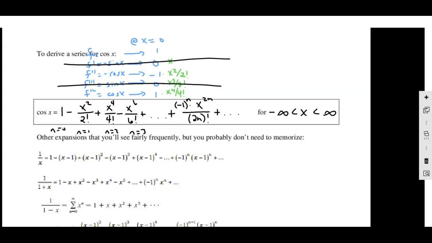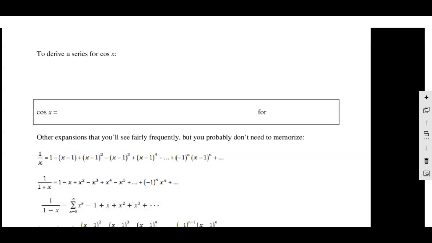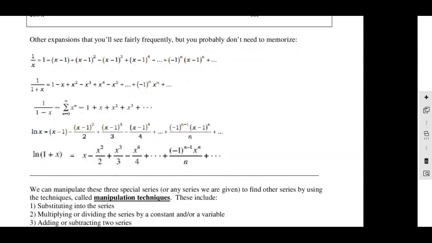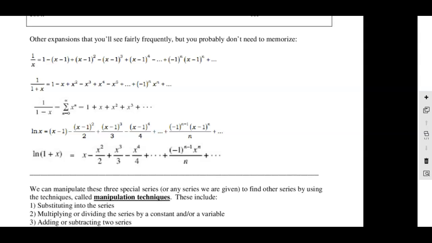Now, here are some other ones that come up fairly frequently. You wouldn't really need to have these memorized, but they do come up. I just noticed a couple years ago when I was doing all my homework keys that some of these came up frequently. So these are just extra ones that you can keep at your disposal. They come up periodically.